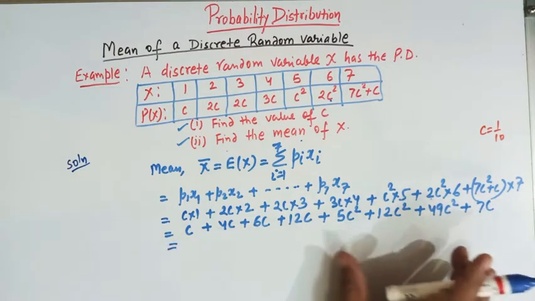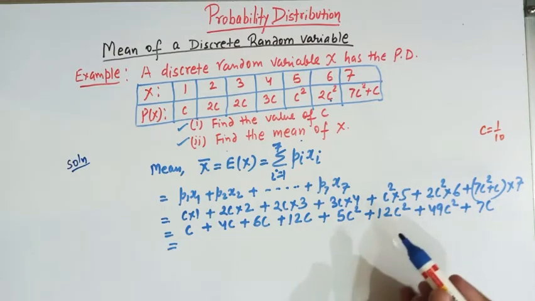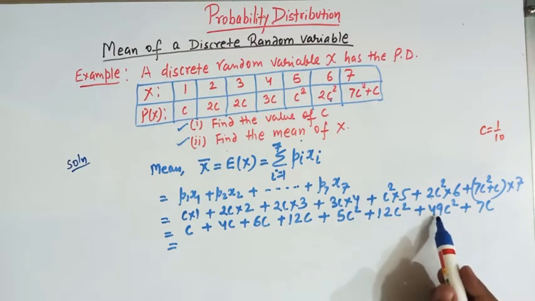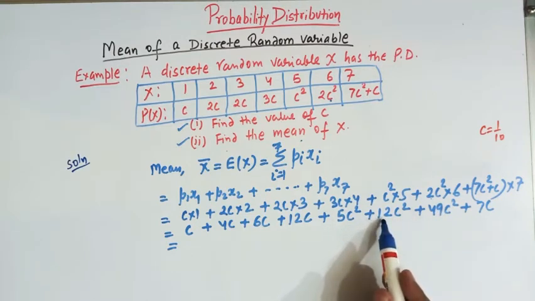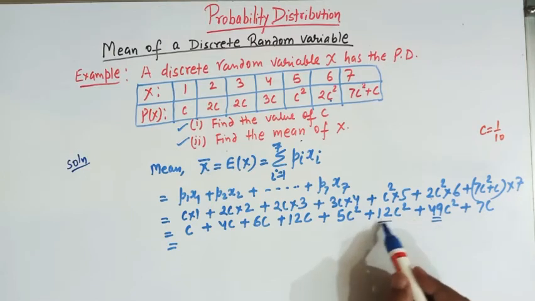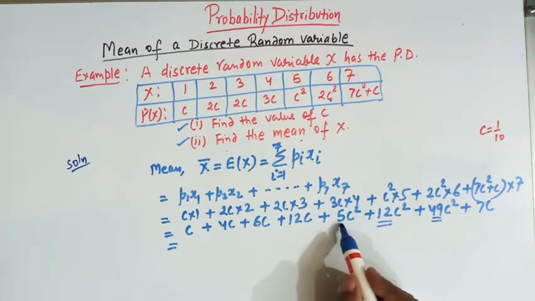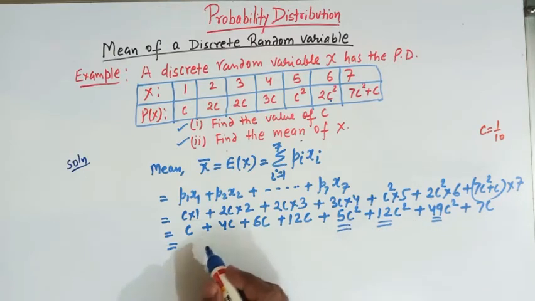Now again simplifying this expression, we'll get a quadratic one. So 49c square plus 12, that is 61, plus 5, that is 66, right?